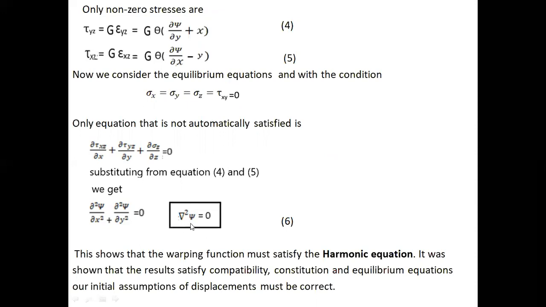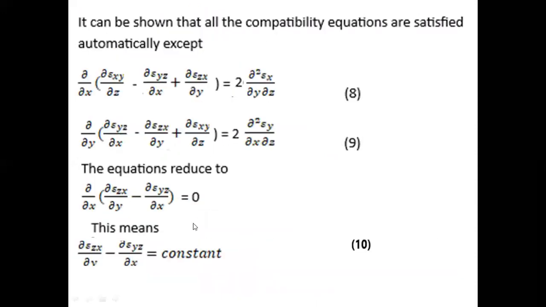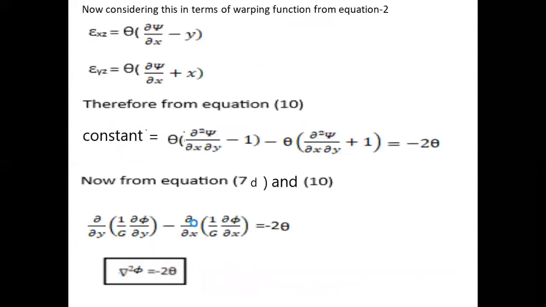It is not so difficult to find a function for phi. Phi means the stress function. So we have found another equation, Laplacian phi is equal to minus 2 theta. Let's be very clear. Instead of solving Laplacian psi is equal to 0, we are solving Laplacian phi equal to minus 2 theta, and that will solve our problem.